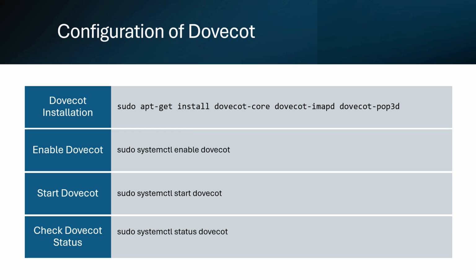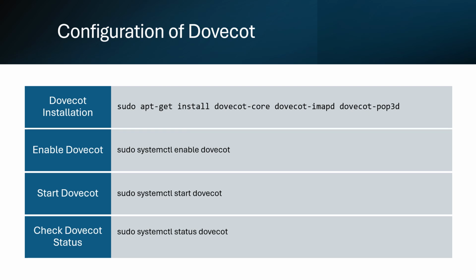And next we want to enable Dovecot on system startup. So we are going to use sudo systemctl enable dovecot, and this ensures that it automatically starts on boot. This is important for maintaining a continuous email service. So to start the service, you can use sudo systemctl start dovecot.